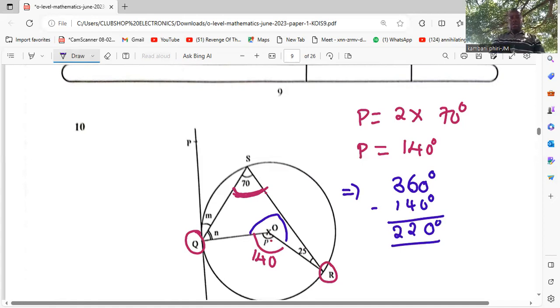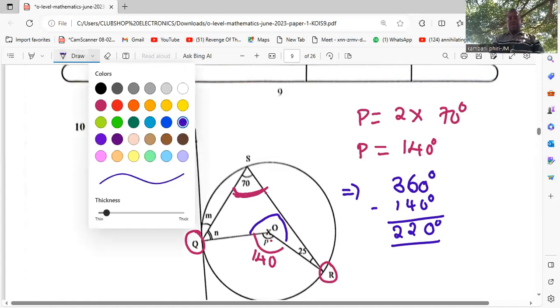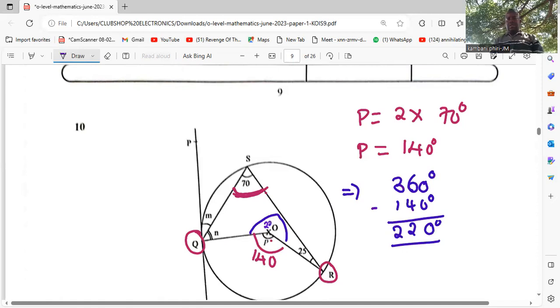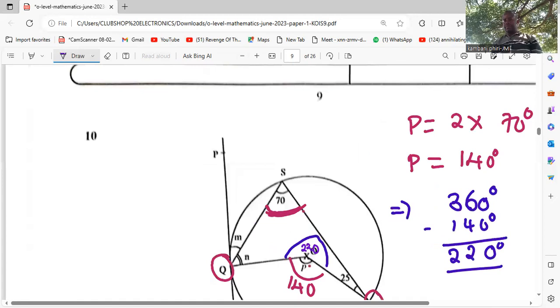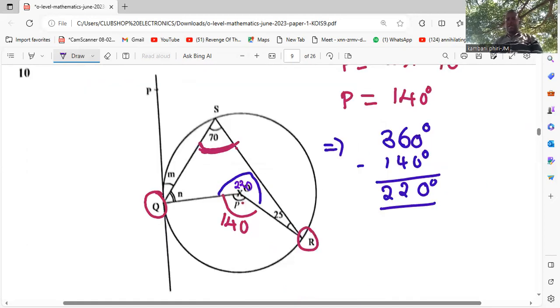That simply means this is 220 degrees. So now we have 220, 25, 70, and N.